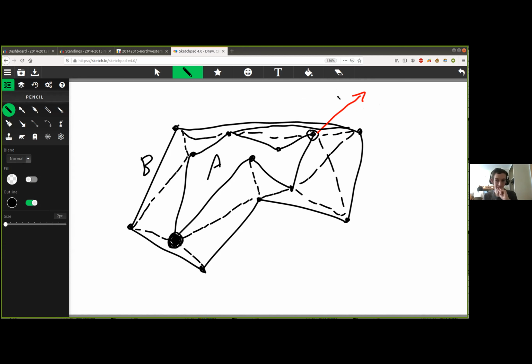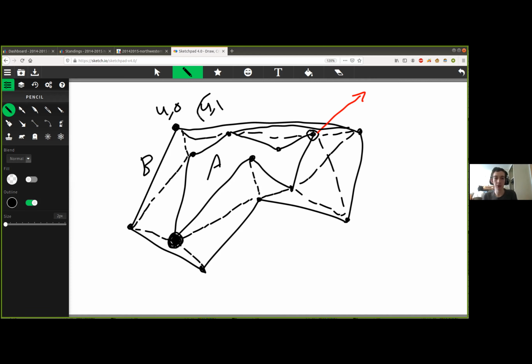So how I actually encode this in the graph is each node has two versions. If this is a point U, then there's U0 and U1. U0 means that I'm at the point U and I haven't crossed this ray counterclockwise yet.